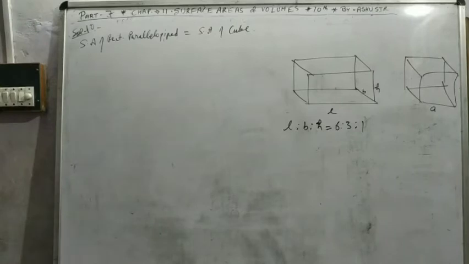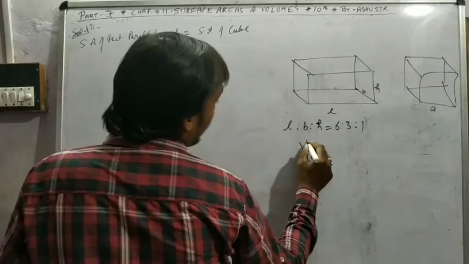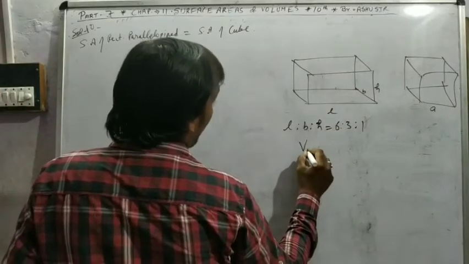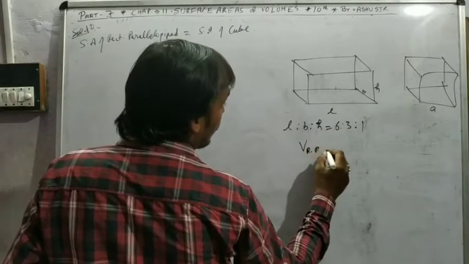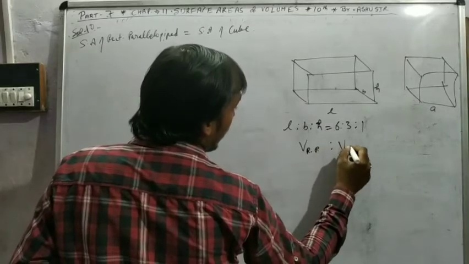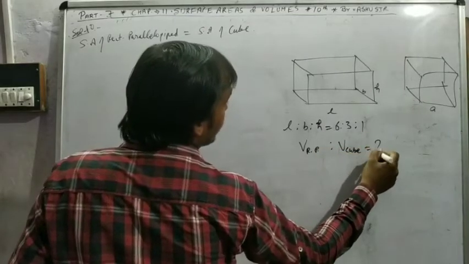Means both surface areas are the same. So surface area means only the total surface area. Question: find the ratio of the volume of the rectangular parallelopiped to the cube.